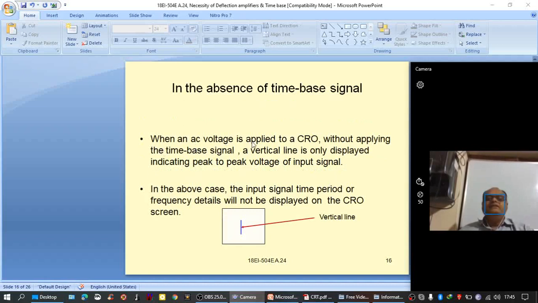Now, when an AC voltage is applied to a CRO without applying the time-base signal, only a vertical line is displayed, indicating the peak-to-peak value or voltage of the input signal. In the absence of a time-base signal, the input signal time period or frequency details will not be displayed on the CRO screen.